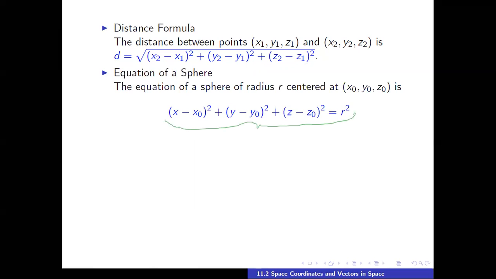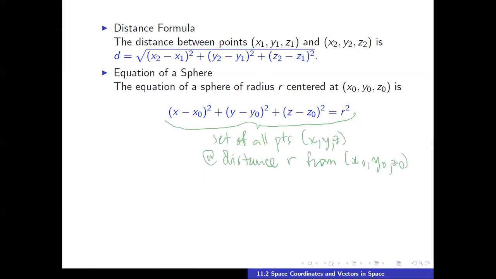This equation describes the set of all points x, y, z that are at distance, what is the distance? Well, if I take the square root of both sides, I would just get r. Do you see what I'm saying? These are at distance r from x0, y0, z0.